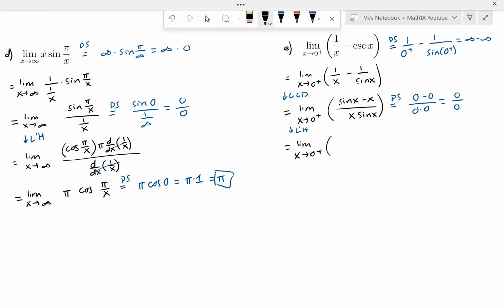The derivative of sine x minus x is cosine x minus 1. For the derivative of the bottom, we have to use the product rule: x times cosine x plus sine x times 1.